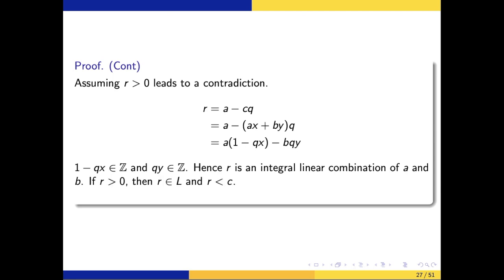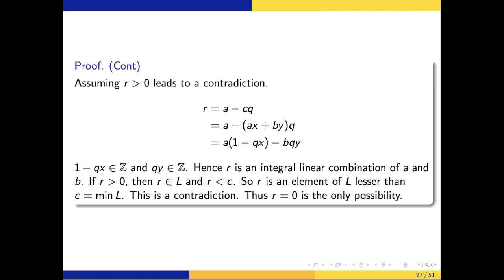So r is an integral linear combination of a and b. But if we make the assumption that r is positive, then r would be an element of L that was strictly less than C. And the fact that it has to be less than C follows from the division algorithm. So r must be an element of L less than C, which is the minimum element of L, and this is a contradiction.